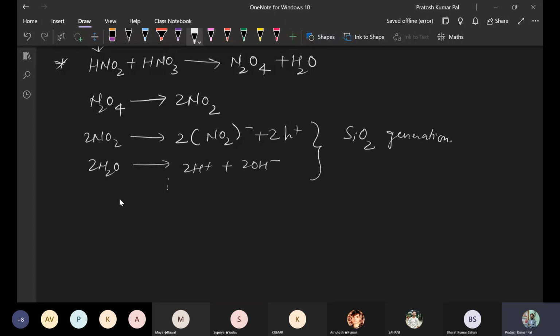So once we have formed the SiO2, now we will be removing the SiO2. So here NO2 will be reacting with H plus, and it will be forming HNO2. So here initially we have introduced HNO2 separately, and also throughout this reaction HNO2 is formed as a byproduct.